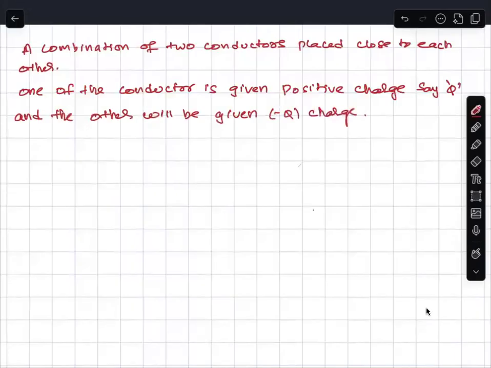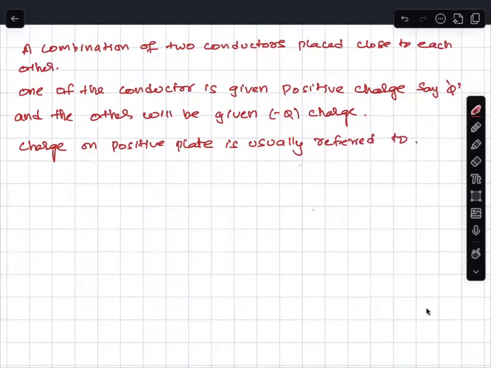Please try to understand, the charge on the positive plate, or positive conductor, you call whatever you want, is usually referred to as the charge of the conductor or capacitor actually.